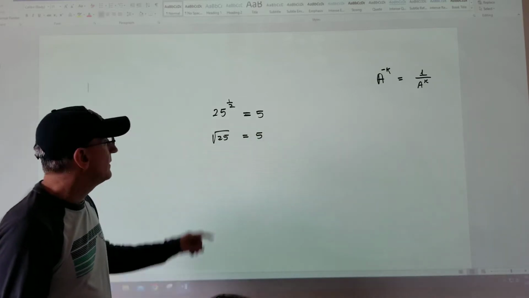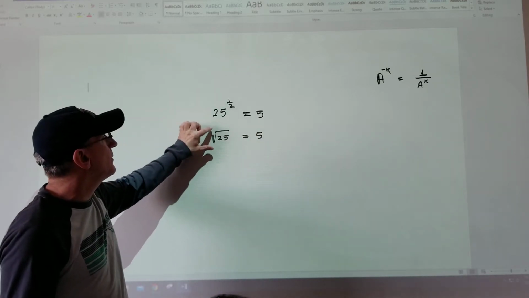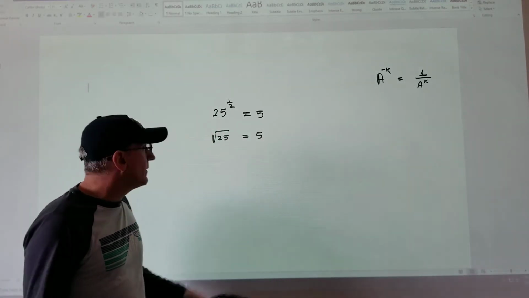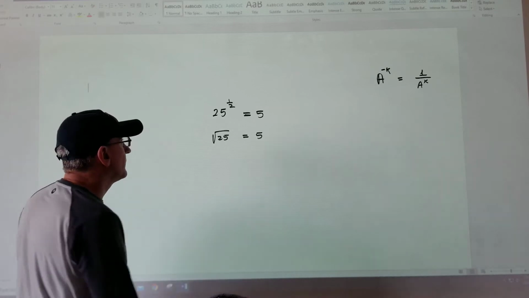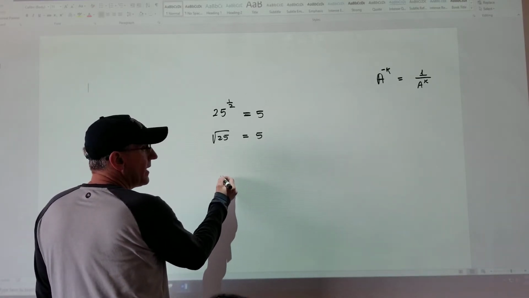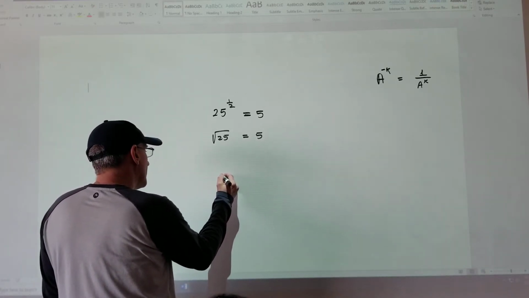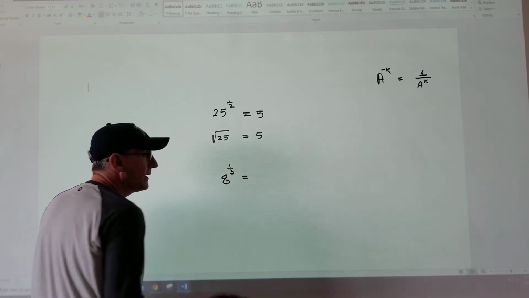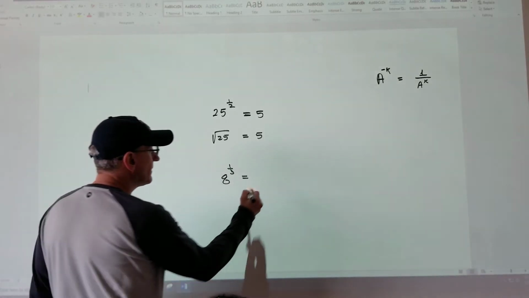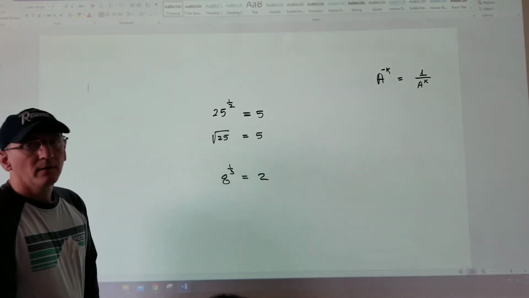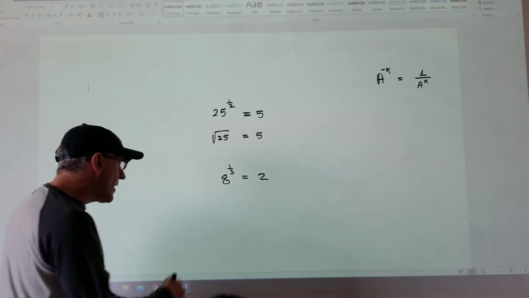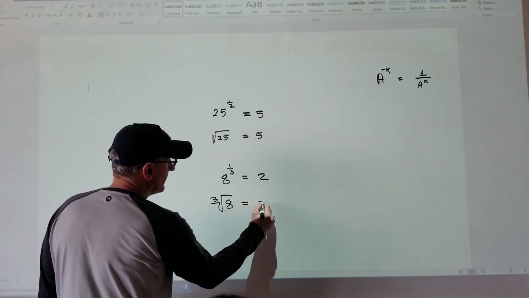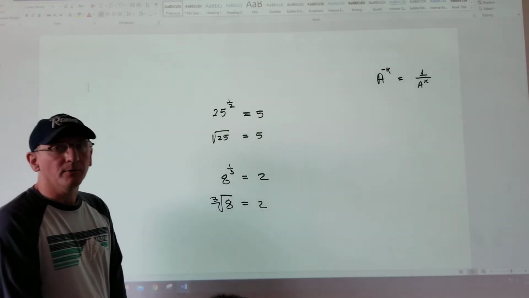And that's because this is just another way to write a square root. And we don't have to limit ourselves to square roots. You can also look at cube roots. So for example, if you take 8 to the 1/3 power on a calculator, it delivers an answer of 2. In the same way that taking the cube root of 8 on a calculator delivers an answer of 2.